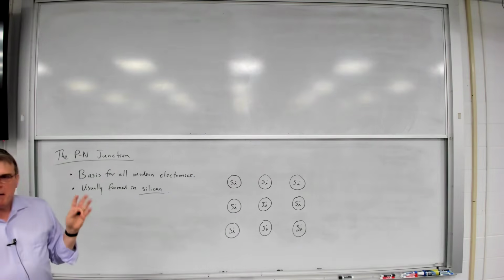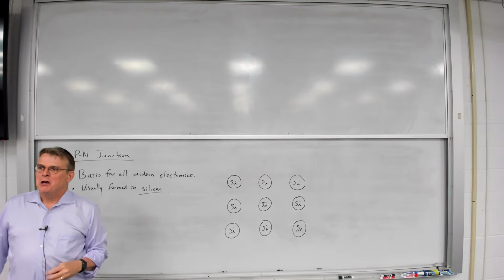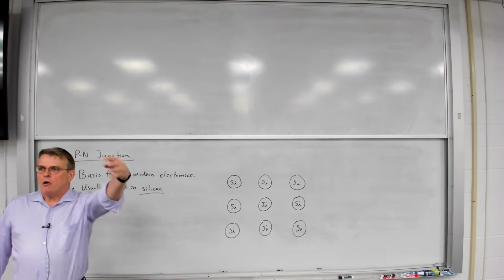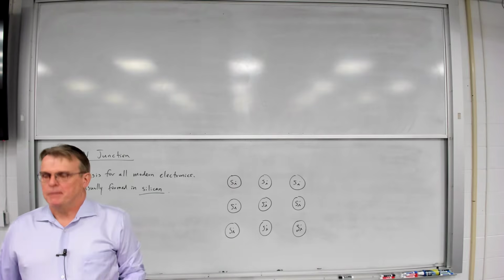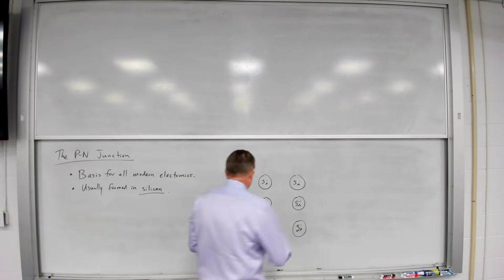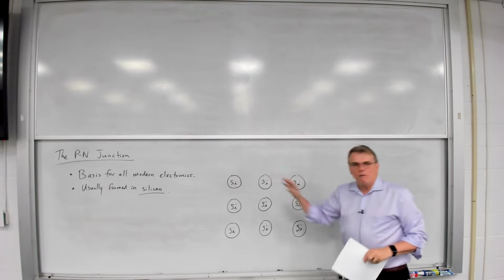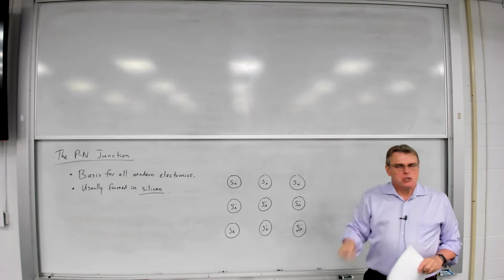But if you remember back to your chemistry classes, you know that we have covalent bonds that can be formed with outer electrons in the outer shell. And as it turns out, a silicon atom has 4 electrons in the valence shell.